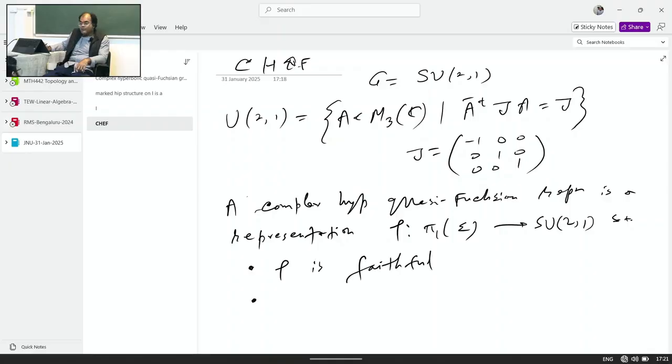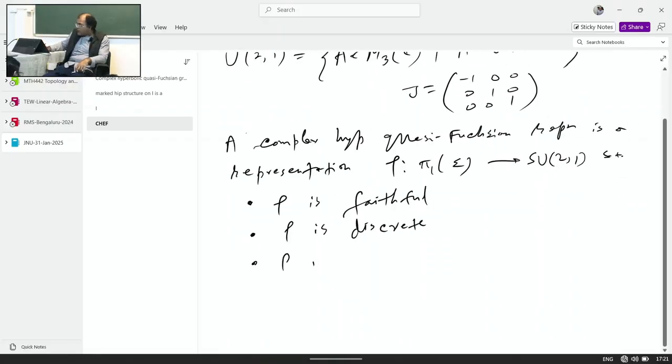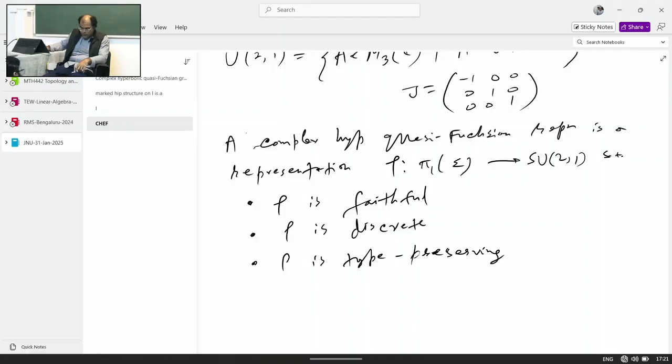rho is injective like before, the image of rho is discrete, rho is type preserving, and then rho is geometrically finite.